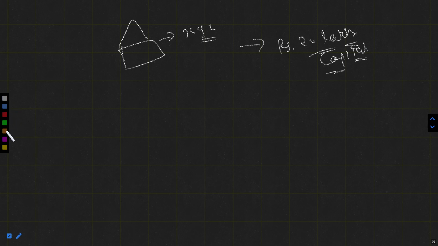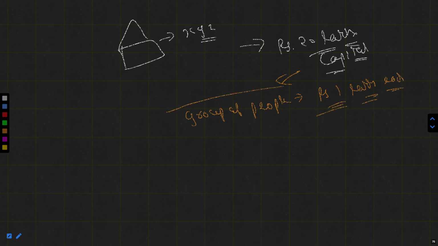This 20 lakhs was contributed by a group of people by investing rupees 1 lakh each, right? Okay, and these people did not contribute the amount to become investors or whatever.